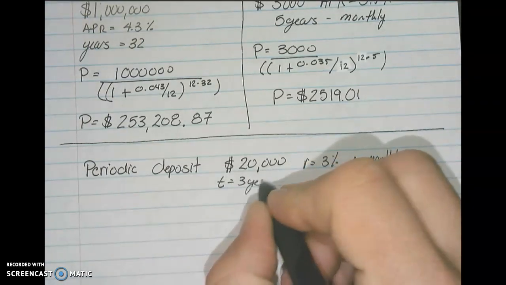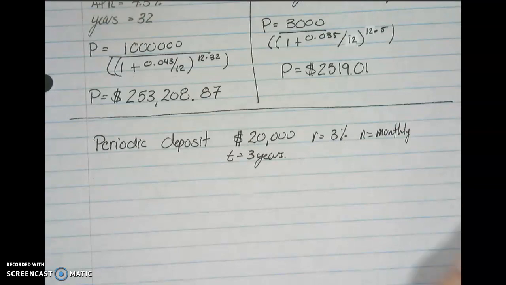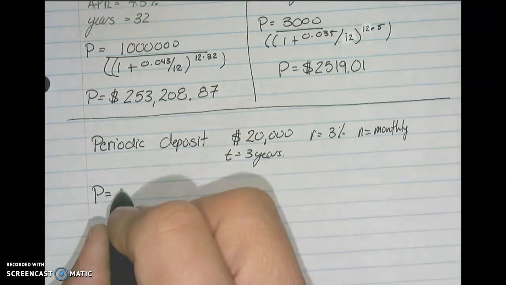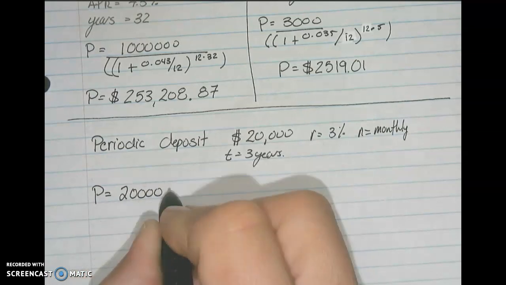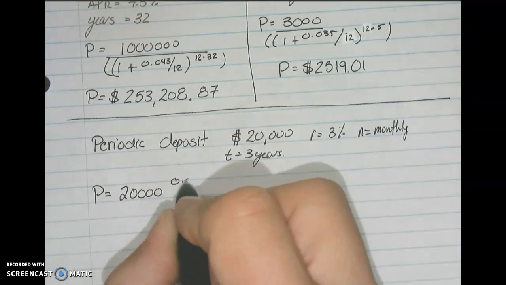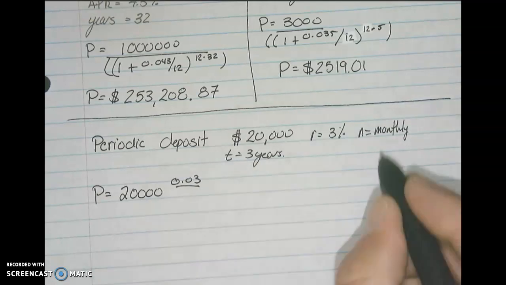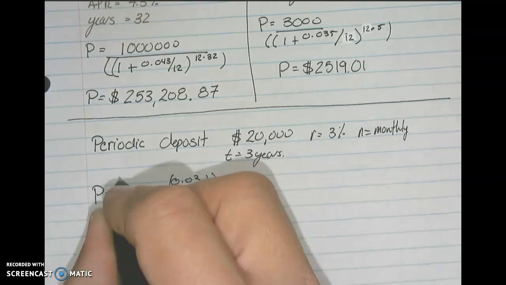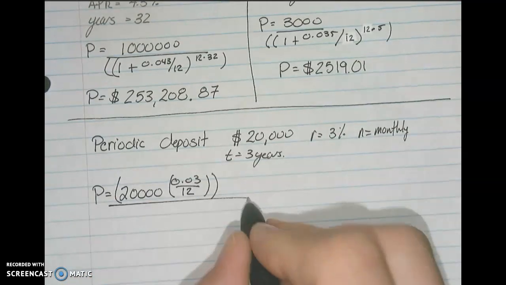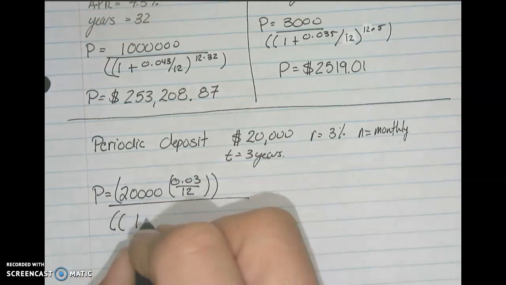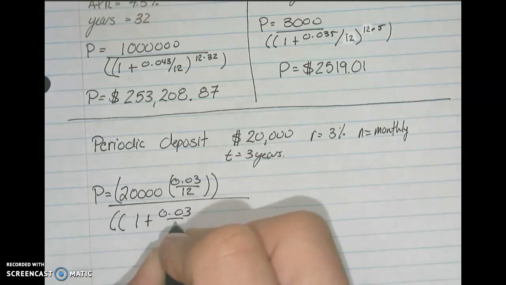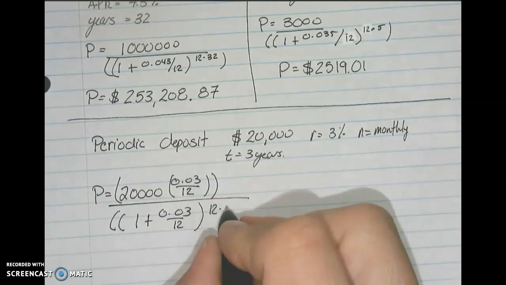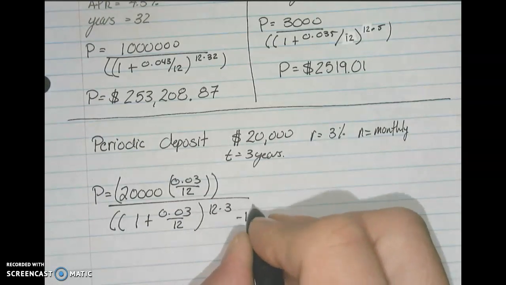So we take our 20,000 times our rate, monthly, in parentheses, divided by 1 plus 0.03 over 12, raised to 12 times 3, minus 1.